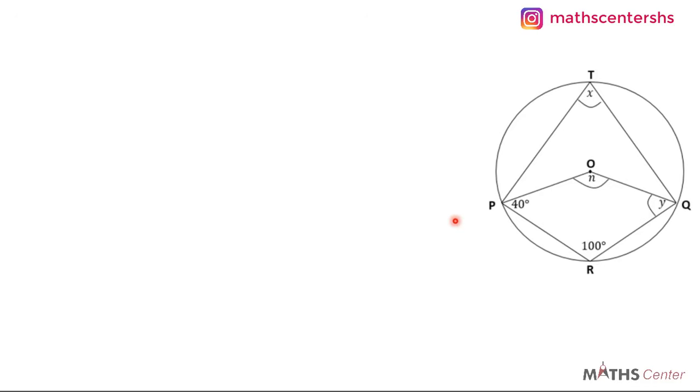Now, let's consider the diagram very carefully. Looking at this diagram here, I can see a cyclic quadrilateral. We have T, P, R, Q as a cyclic quadrilateral. What do we know about cyclic quadrilaterals?